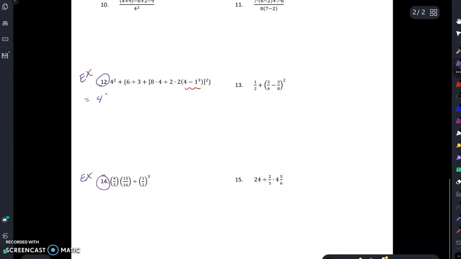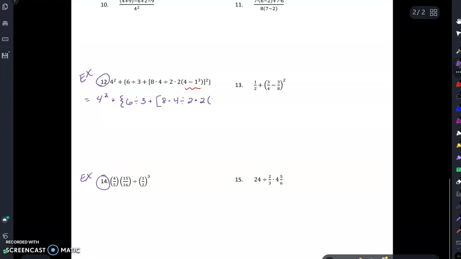So I would have 4 squared plus, now these are braces here, so another form of grouping symbols, brace, and then 6 divided by 3 plus bracket 8 times 4 divided by 2 times 2, and then complete what's in those parentheses there. The 1 cubed is just 1, so I can kind of do that in my head.